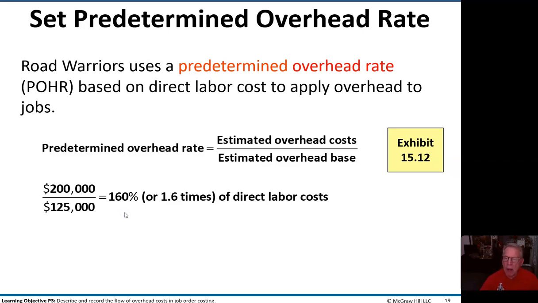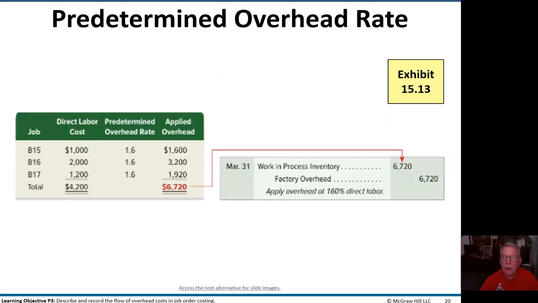So we're going to multiply that 160% times our actual direct labor costs. So here was our direct labor cost, which we did in the prior slide, if you'll remember, for $4,200. Now we use that predetermined overhead rate of 1.6, 160%, and multiply it through times the direct labor costs to get the applied overhead.